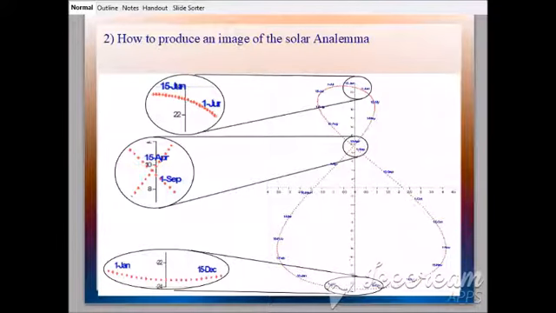As you see here, here are the 4 dates: June, April, September, and December here. These 4 dates fall along the central line of the solar analemma, just to guarantee that the whole shape is contained in the smallest area, left to right.